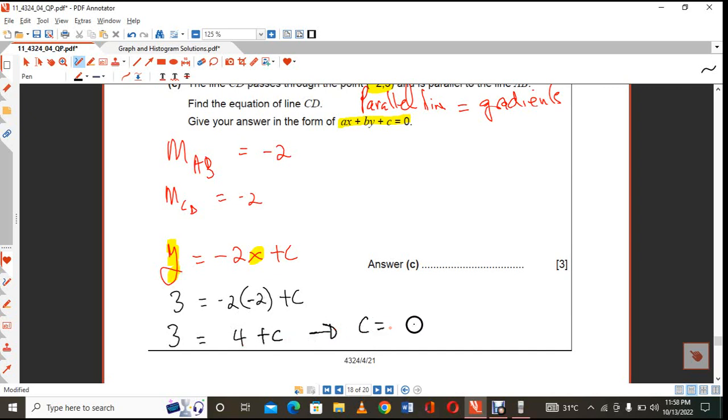Therefore c equals -1, because if you put that 4, you get -1. So my equation is y equals -2x minus 1.